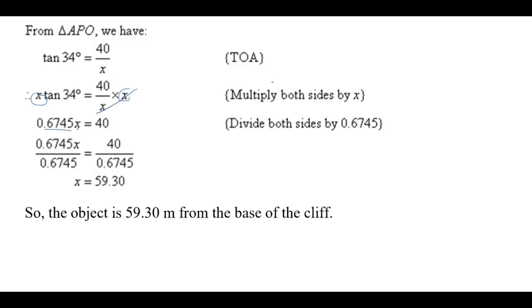The tangent of 34, the x stays. That's your same x on this side of the equal sign. But this x goes away, so you're left with 40. So after you divide by the same number on both sides in order to get rid of that, you get your x, approximately 59.3 meters from the base of the cliff.